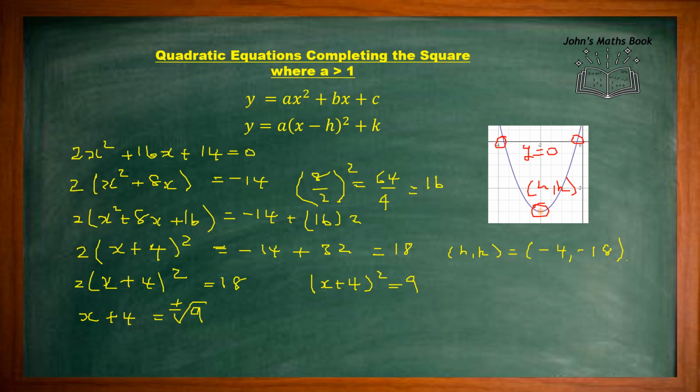So we know that the square root of 9 is 3. So x is equal to minus 4 plus 3, which is equal to minus 1. And x is equal to minus 4 minus 3, which is equal to minus 7.